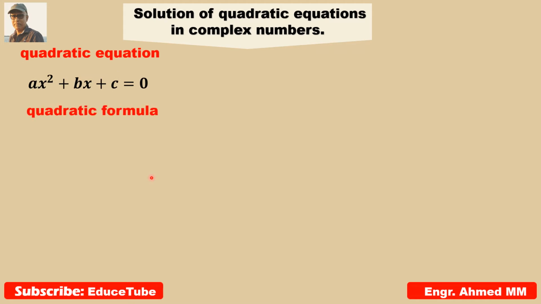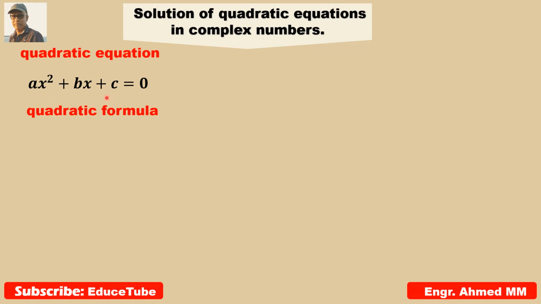Solution of quadratic equation in complex numbers. The roots will be complex numbers. So what we will do? We will solve a quadratic equation. In general, a quadratic equation is ax square plus bx plus c equal to 0.